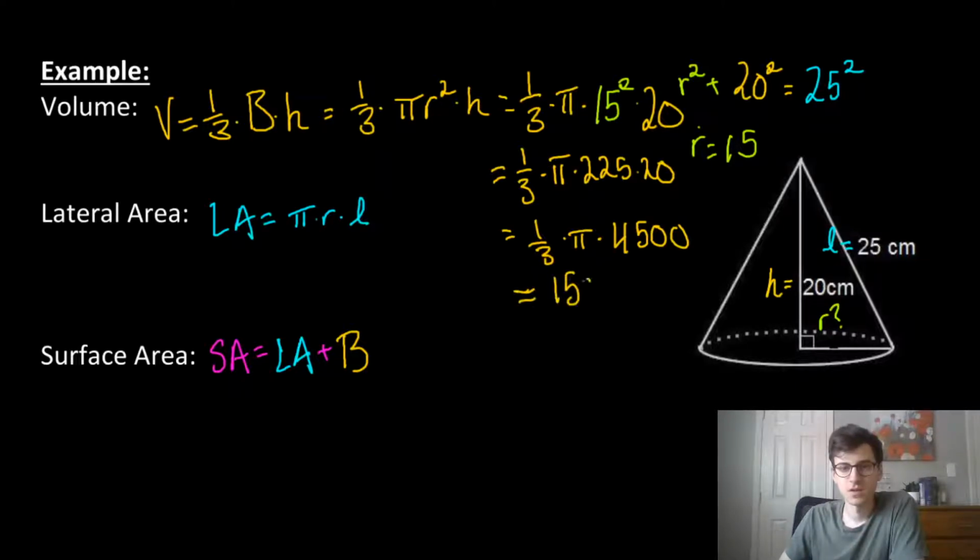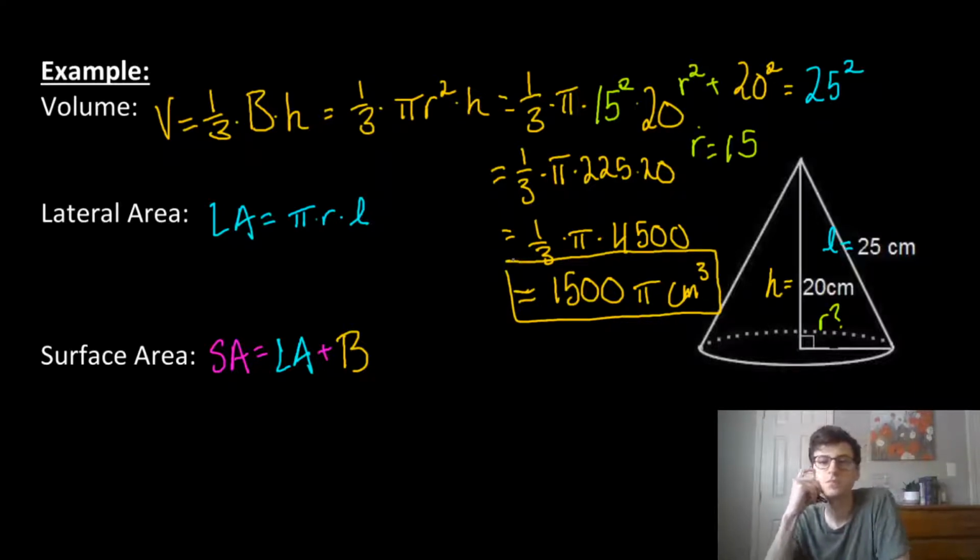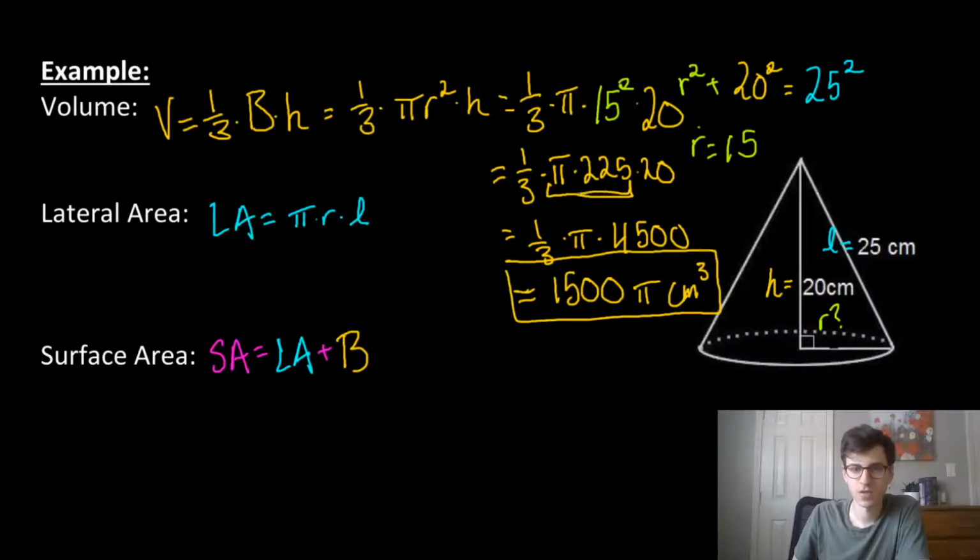So 1,500 pi centimeters cubed is the volume. Nice. Pretty straightforward. And again, I just want us to recognize, maybe for future use, that this right here, 225 times pi, that's the area of the base.